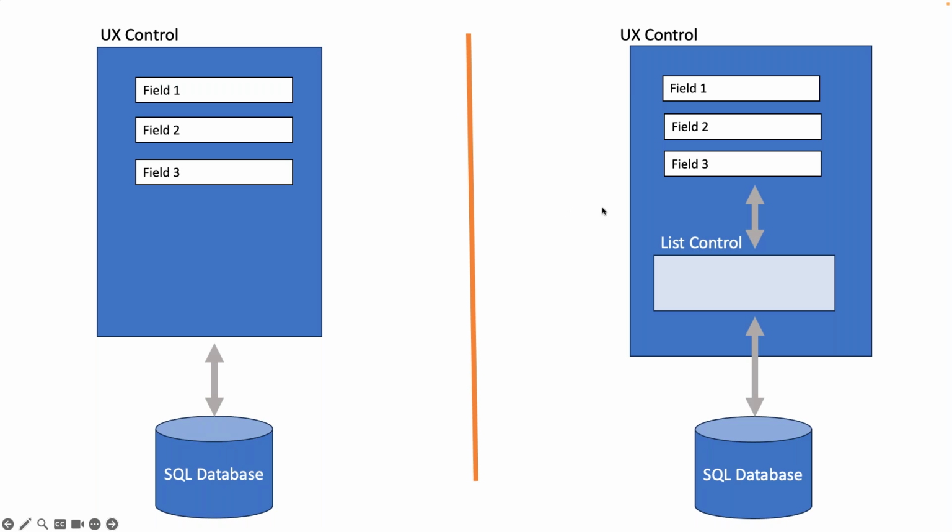An alternate way to use fields with a database is through the use of a list control. So with a list control, the fields don't talk to the UX directly, they talk to the list control, and the list control talks to the SQL database.